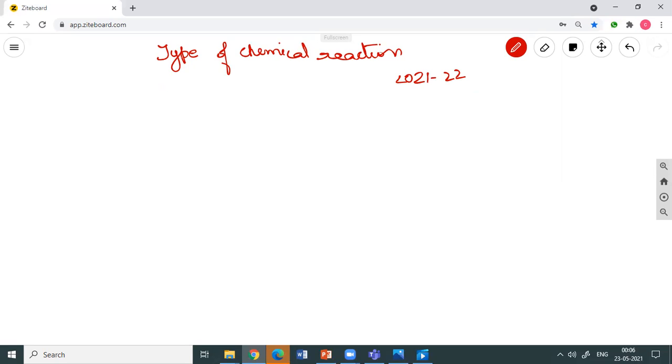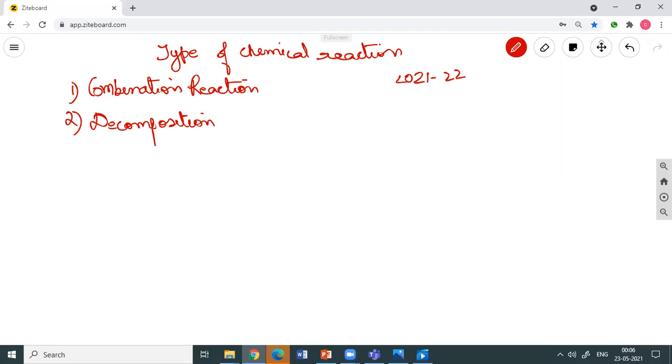So the 4 types will be combination reaction, and then we have decomposition reaction, children. Again, decomposition will be classified into 3 more types. So this will be going into detail in the next videos. And then we have the displacement reaction.